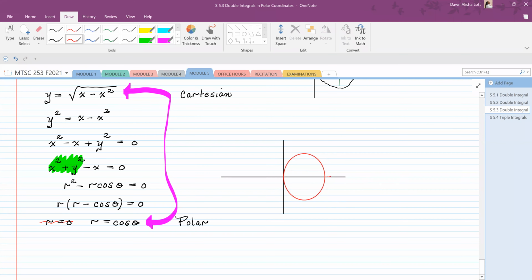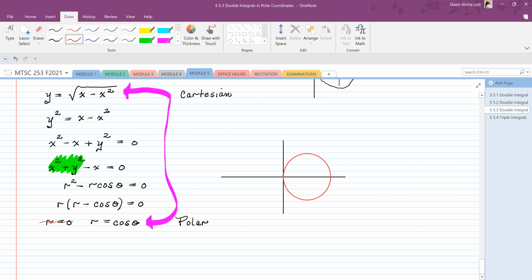Okay, so it's actually this circle. Here we go. Okay, and it starts off, let's see, when theta is 0, it starts off here. But if theta is minus pi over 2, it starts off here.